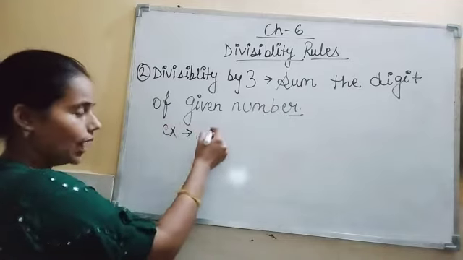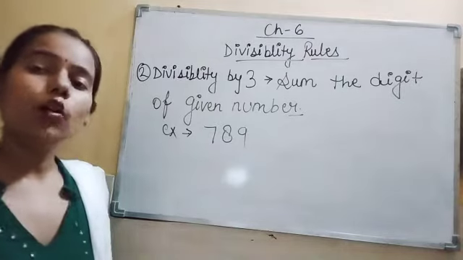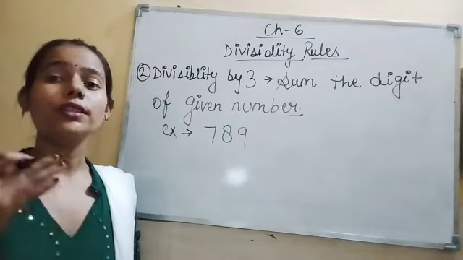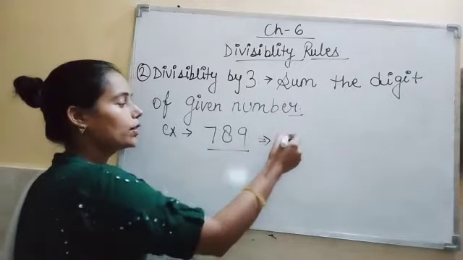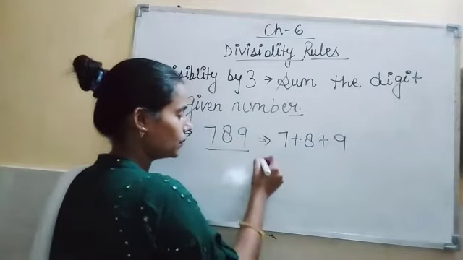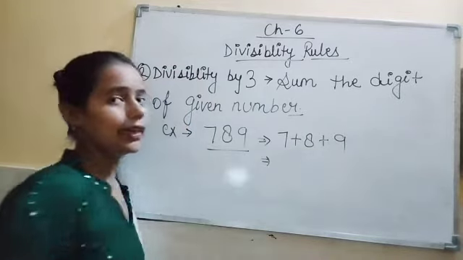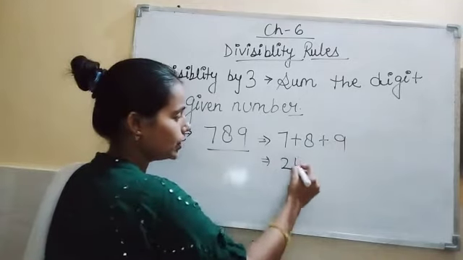So class, if we have 789, without dividing, how can we find out? Firstly, we sum the digits of this given number, 7 plus 8 plus 9. So class, 7 plus 8 is 15 and 15 plus 9 is 24.